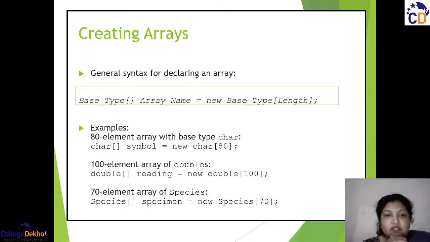Then 70 elements of array species. Specimen we may have species kind of thing, in which again the same syntax is there. You are maintaining the species of 70 elements.